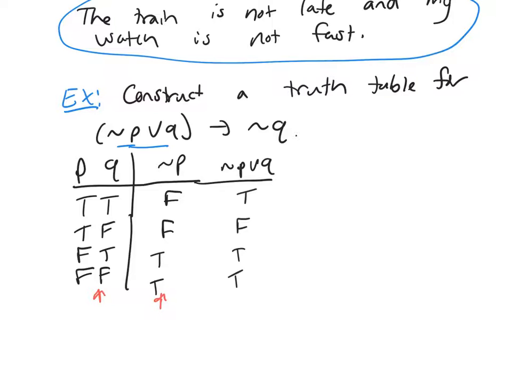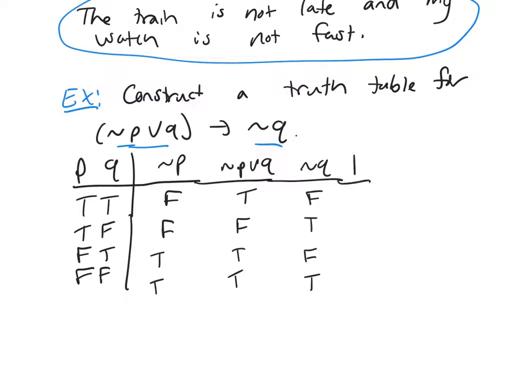Okay. So now I've finished making that thing in the parentheses. I'm also going to need not Q as well. So we're going to take the entries in the Q column and flip them. False, true, false, true.